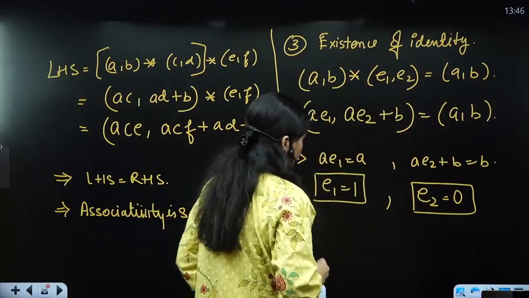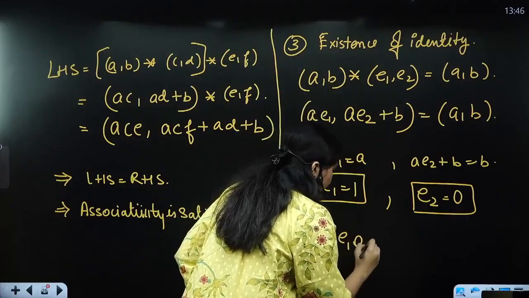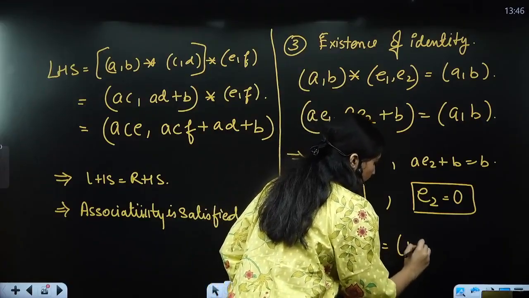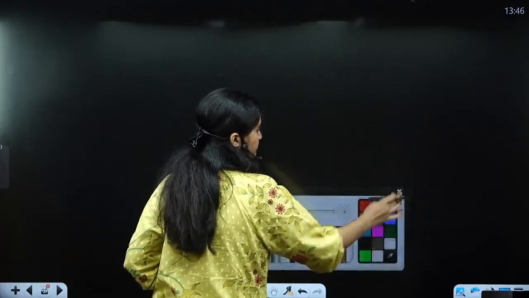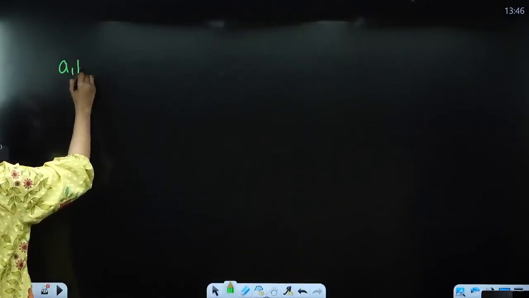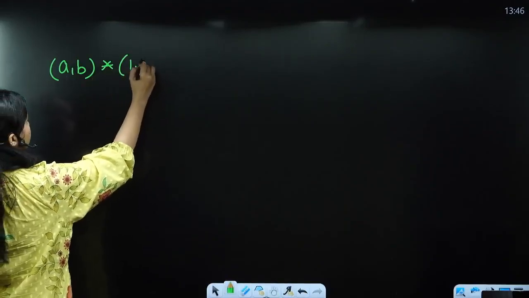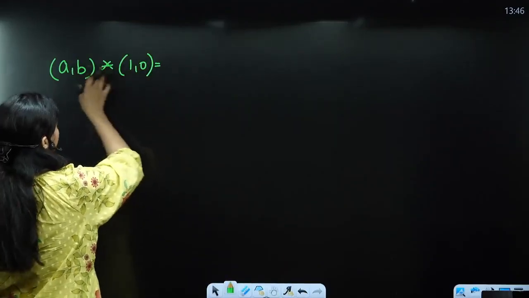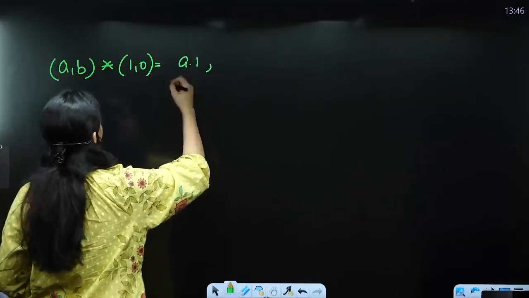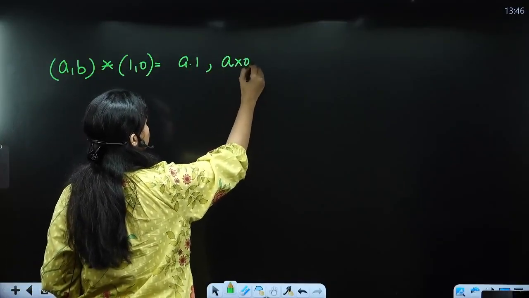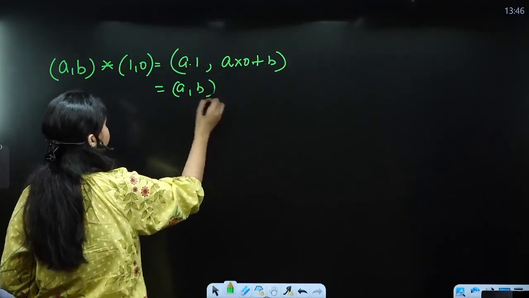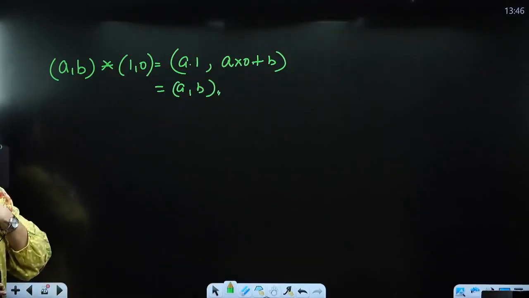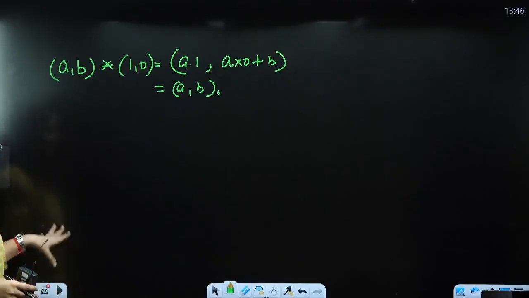So this gives us the value of (e1, e2) to be (1, 0). You can also check it here, no problem. (a, b) operation (1, 0): a into 1 and a into 0 plus b, so you will be left with (a, b). So clearly (1, 0) is the identity element for the given set.